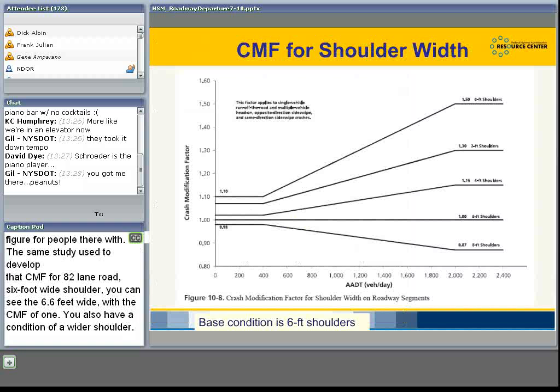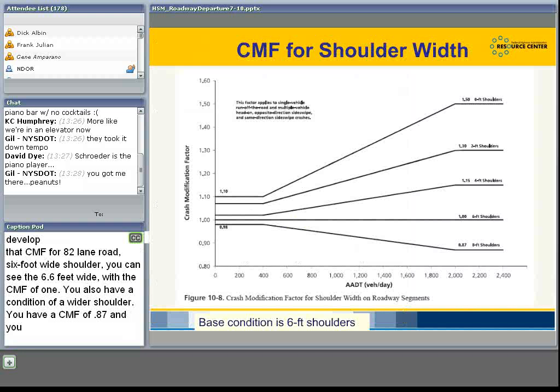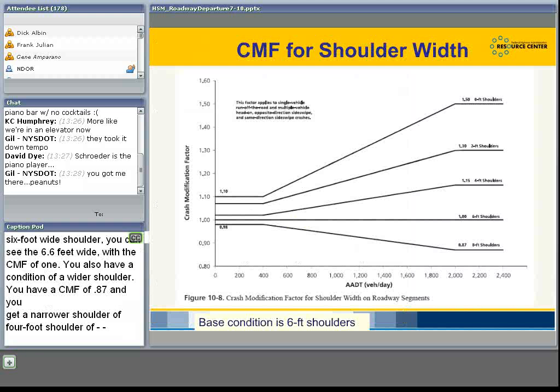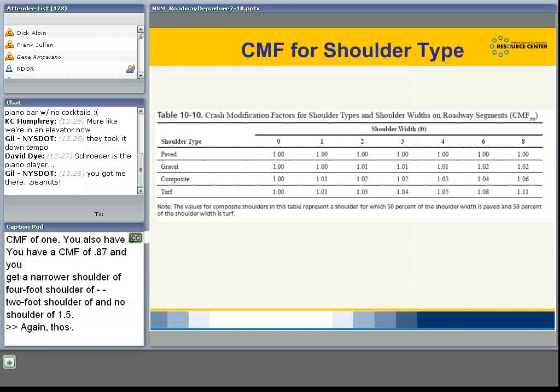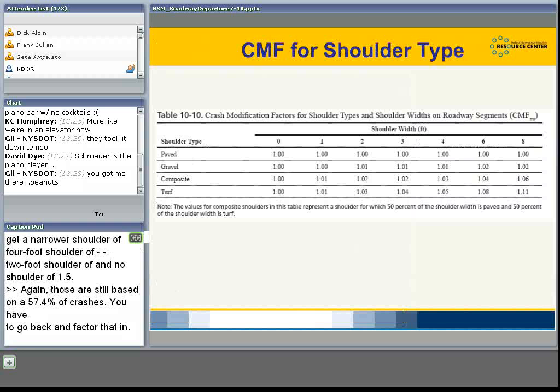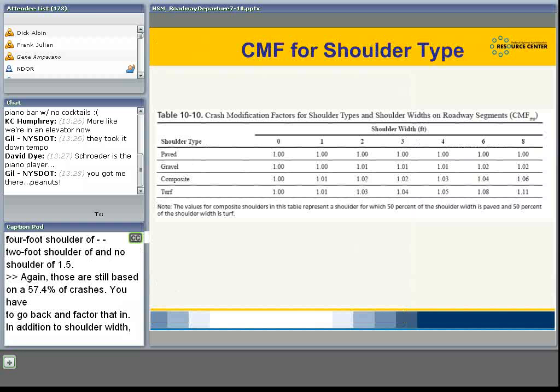However, you also have a condition where you might have wider shoulders, and so you have a CMF of 0.87. And as you get with narrower shoulders of 4-foot shoulders of 1.15, or 2-foot shoulders at 1.3, and no shoulders at 1.5. Again, those are still based on the 57.4% of crashes, though, so you have to go back and factor that in.